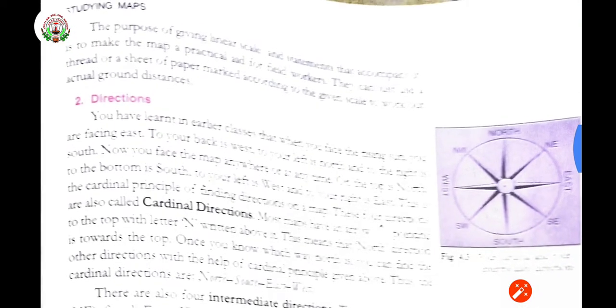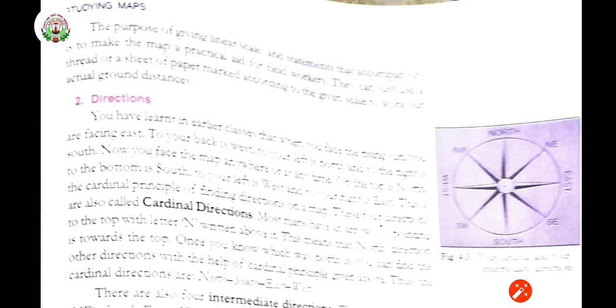Okay, now the purpose of giving a linear scale and the statement that accompanies it is to make the map a practical aid for field workers. You would have seen on the road that they have one thread or rope, and they are finding out the distance, and they have some kind of papers. They look into the paper, where the scale is mentioned, meaning 1 centimeter is equal to 1 kilometer.